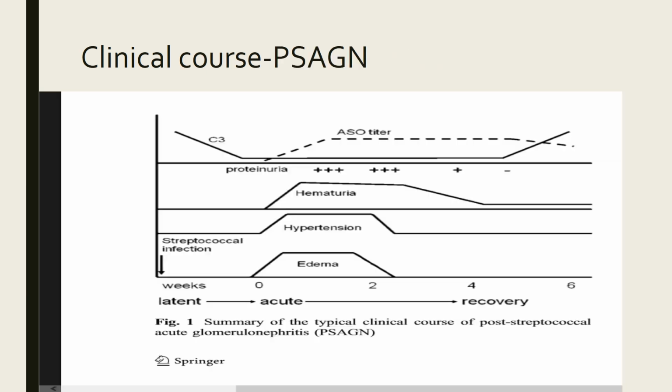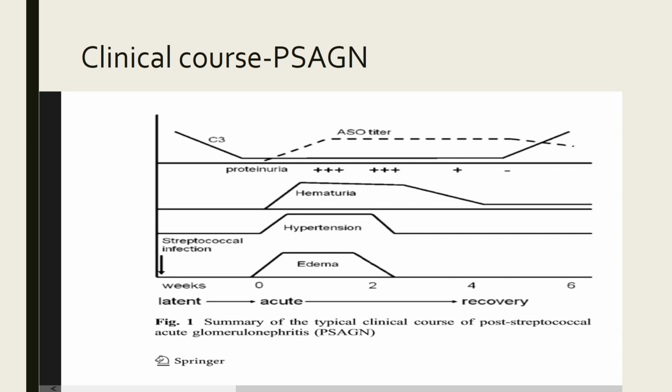This graph is from that same paper that we've been looking at, and it essentially just shows us the clinical course of post-strep glomerulonephritis. As you can see at the bottom, that shows us the time in weeks, and it shows us the various symptoms.